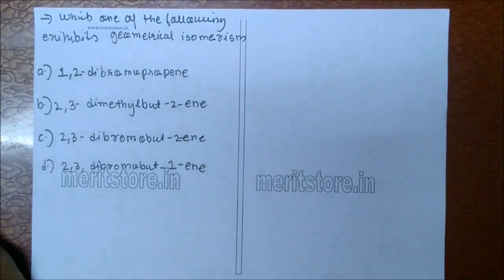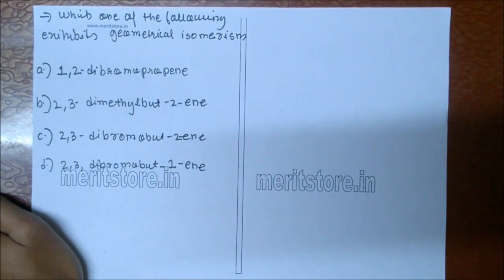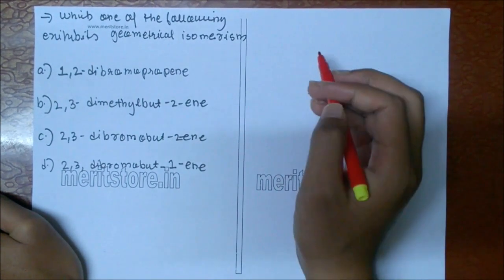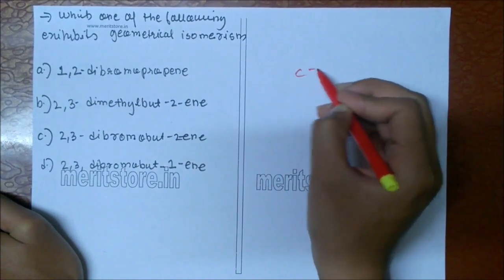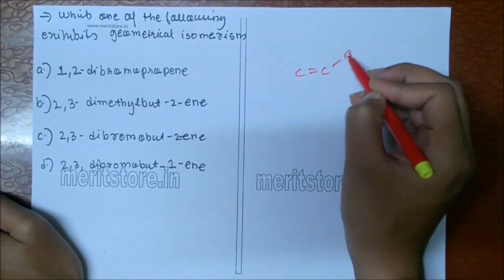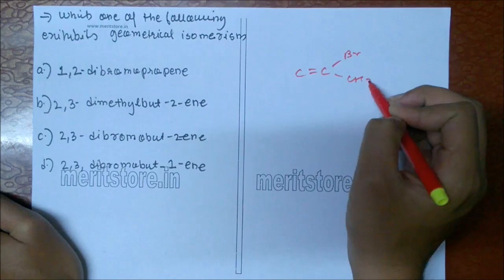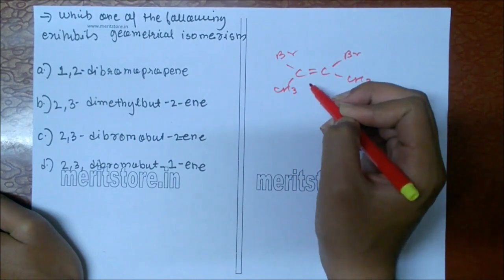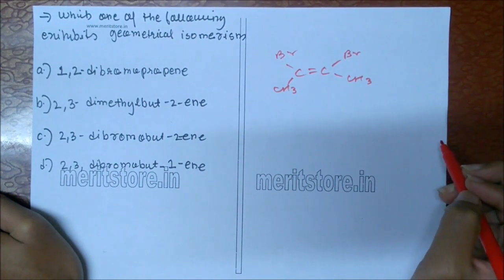Which of the following exhibits geometrical isomerism? A 1,2-dibromopropene, B 2,3-dimethylbutene, C 2,3-dibromobutene, D 2,3-dibromobutene. Of all these, the carbon double bond carbon with Br, CH3, Br, CH3 shows geometrical isomerism.